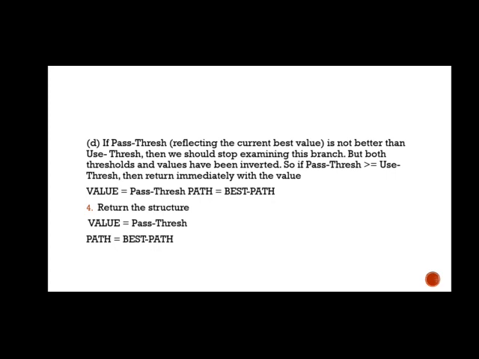The effectiveness of the alpha-beta procedure depends on the order in which we examine the paths. If we examine the worst path first, then no cutoffs will occur.